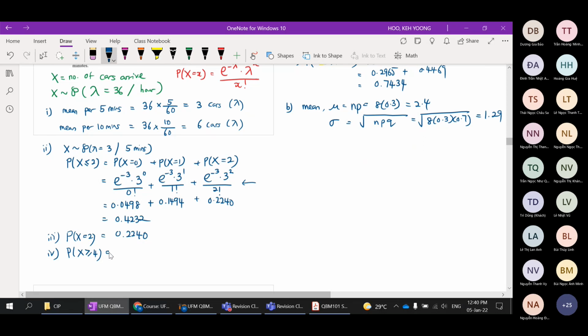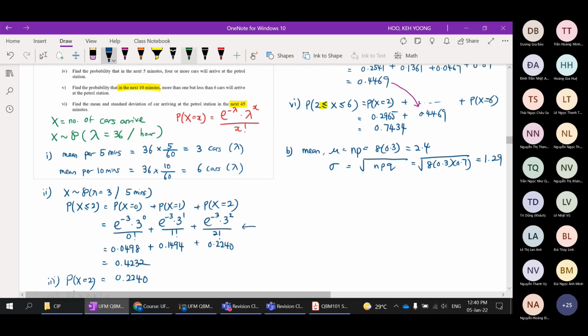That means your x value could be 0, 1, 2, 3 until infinity, because we don't know how many cars will arrive. It could be 100 cars. Who knows? Maybe the chance is very low, but there is still a probability. There's still a chance for it to happen.